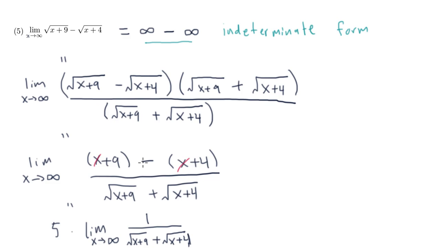In order to justify that, what we need to do is factor out the largest factor of x from the denominator. And what we see is that this is equal to 5 times the limit as x goes to infinity of 1 over, I'm going to factor out an x squared.